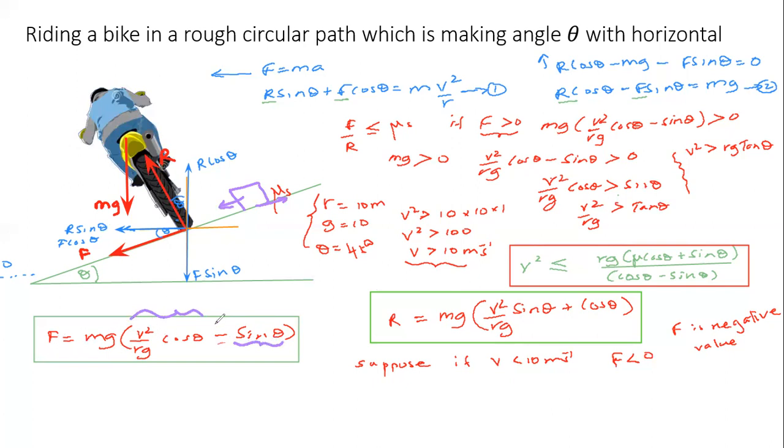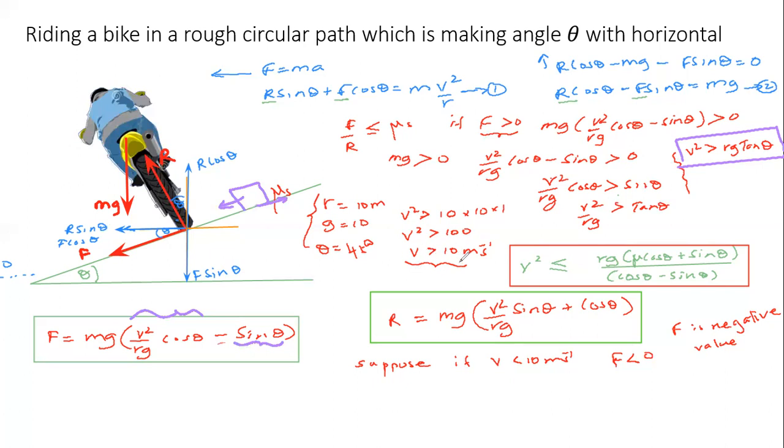Otherwise, if this term is smaller than sine theta, then it's negative. F is greater than 0 if v squared over rg cos theta minus sine theta is greater than 0, or simply we can say F is greater than 0 when v squared is greater than rg tan theta, right? Otherwise, the direction of F changes if the velocity is reduced.